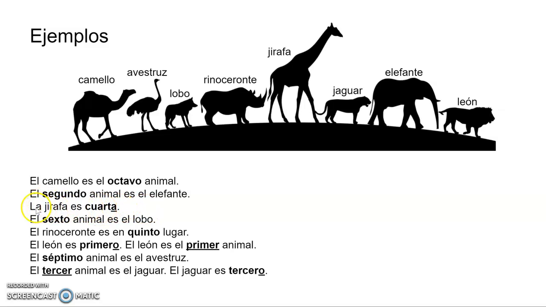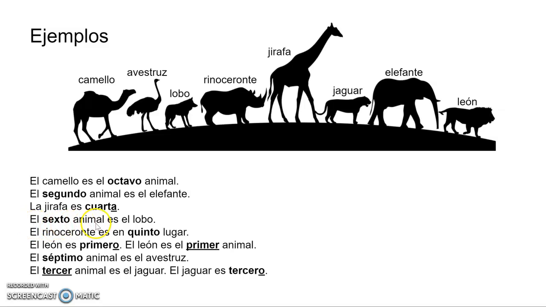But here it points back to la jirafa, which is feminine, so we have to match that feminine word with a feminine ending, cuarta. Notice in all of these we're using es because, as I mentioned before, ser is for identifying someone. So we're saying, which one is it? Which one is the giraffe? La jirafa es cuarta. So somebody can say 1, 2, 3, 4. Okay, es la jirafa.